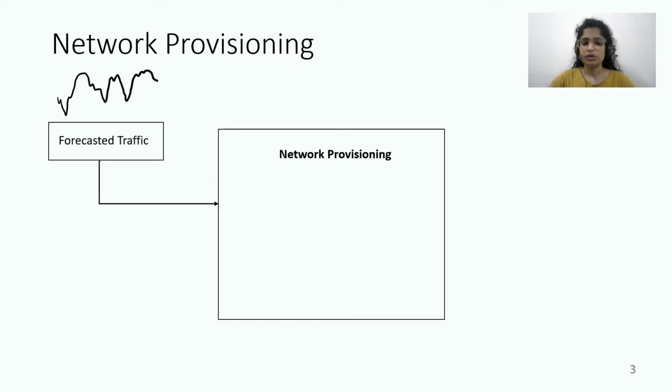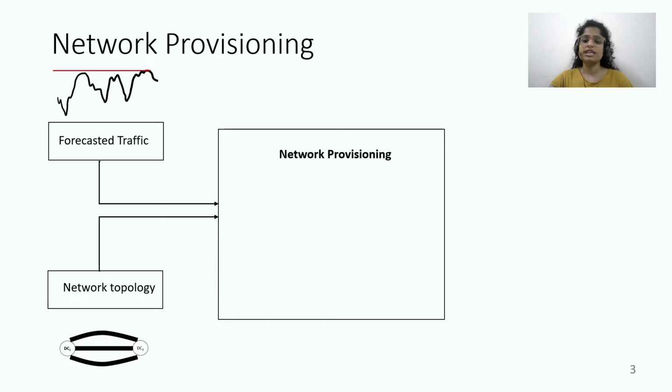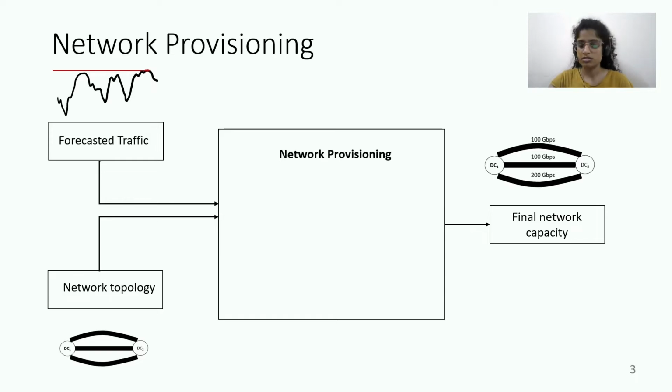The process of network provisioning involves forecasting traffic demands, and the state-of-the-art network provisioning approaches compute the peak or 95th percentile of the forecasted traffic demands and give that as an input to the network provisioning LP or simulator. It also takes as input the existing network topology. The idea is to minimize the network capacity that needs to be augmented on top of the network topology to accommodate the forecasted traffic demands.